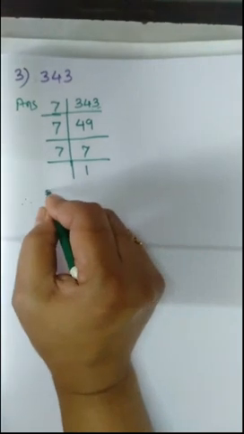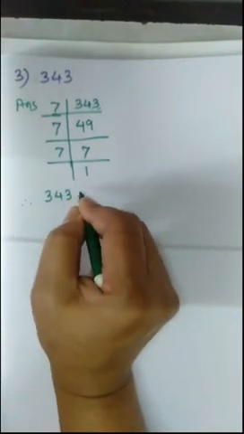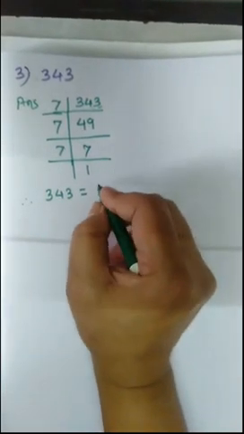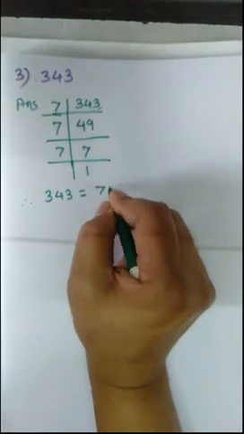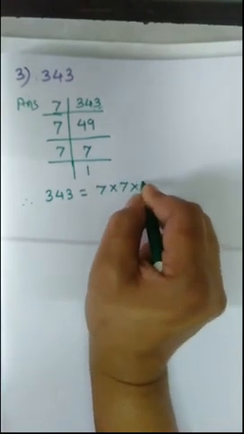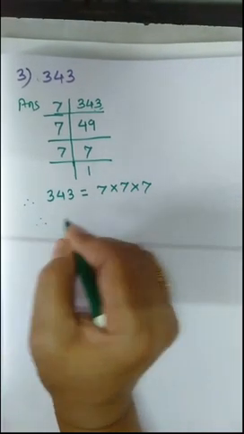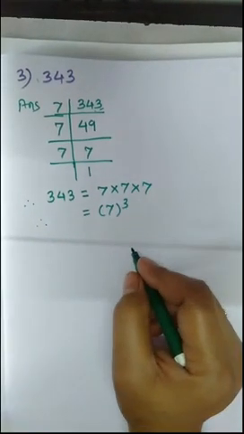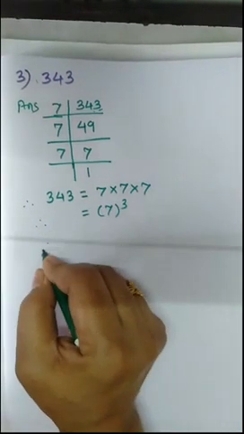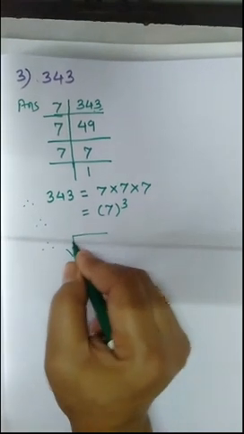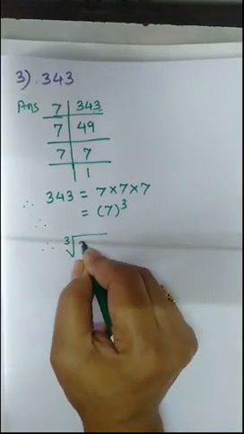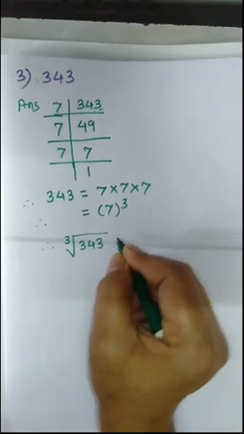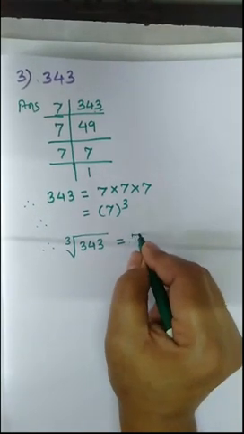So write down the factors. 343 is equal to 7 multiplied by 7 multiplied by 7. Therefore 7 cube. Therefore the cube root of 343 is equal to 7.